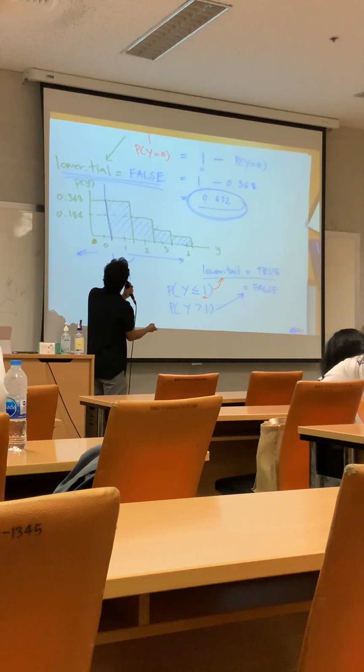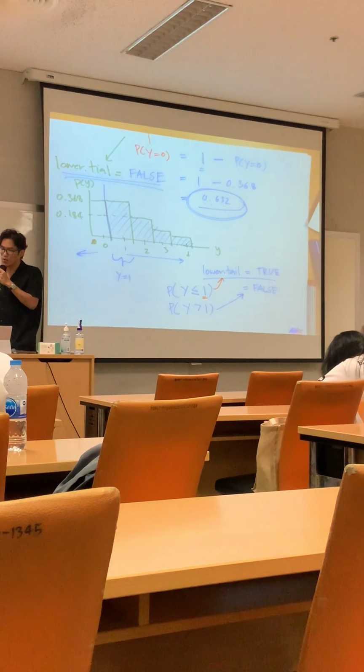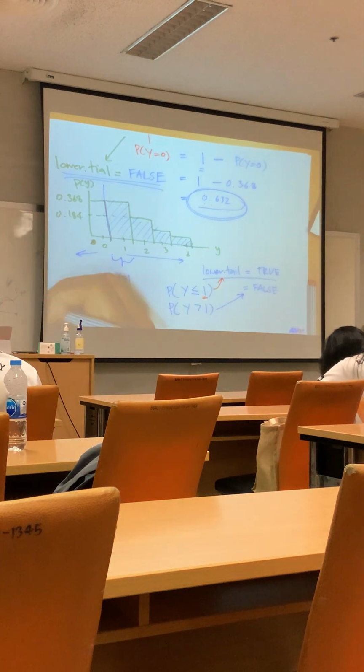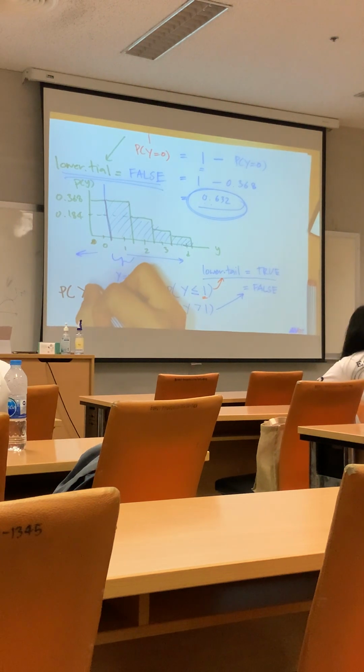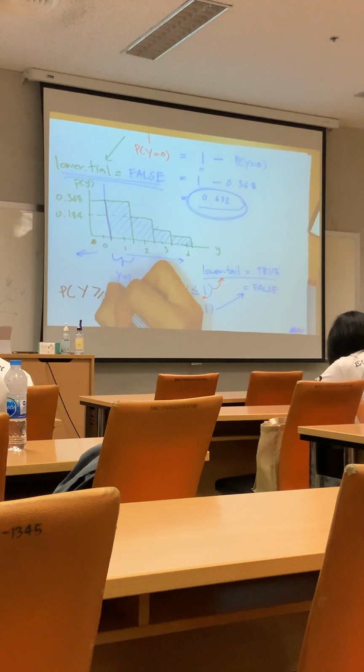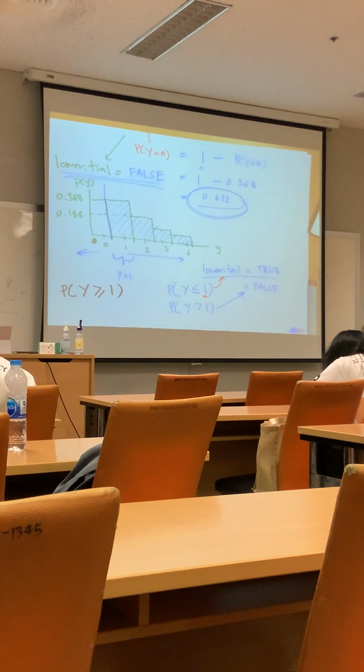So now, what we want to calculate is the probability of y greater than or equal to 1. Let me use the black color. When you have equal to 1, hiding in there is the probability of y equal to 1.